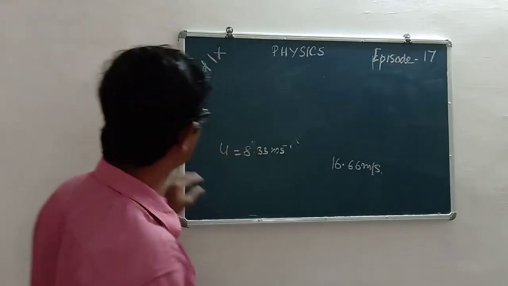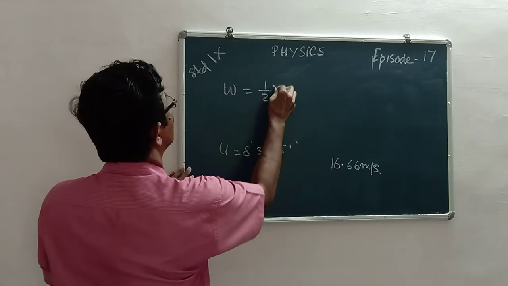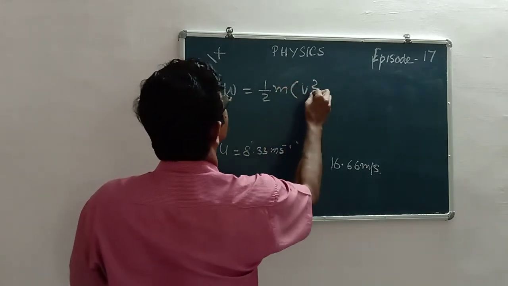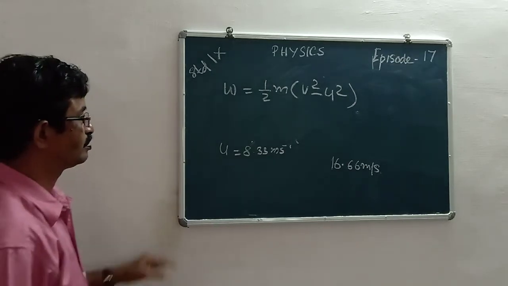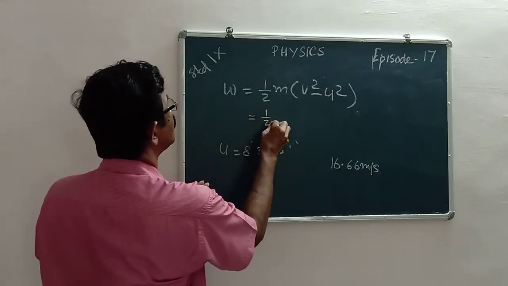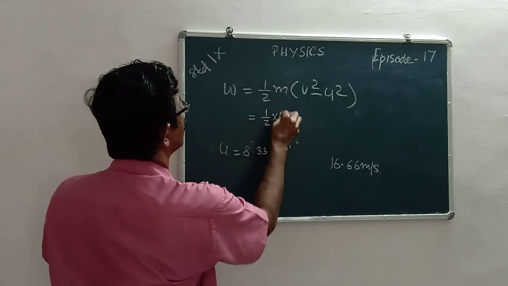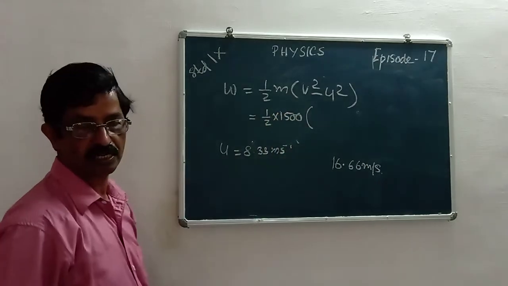Work done is equal to change in kinetic energy, that is half m into v square minus u square. That is equal to half into m, 1500, into v square.